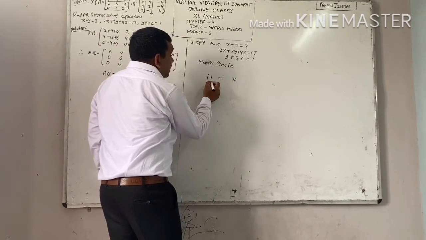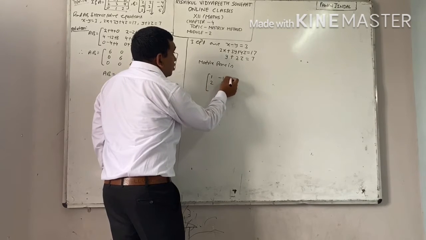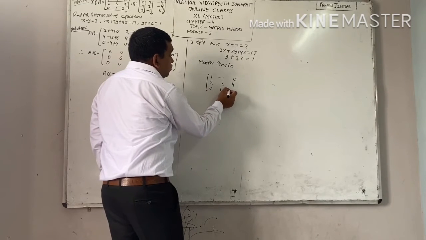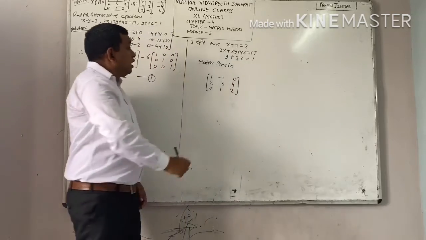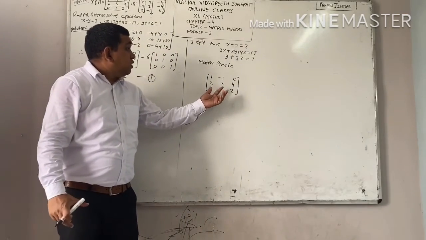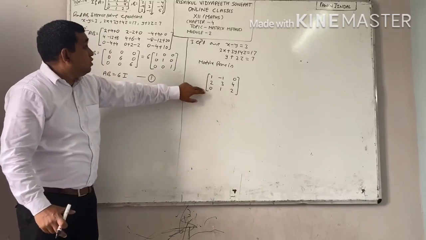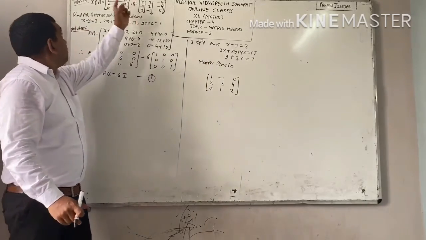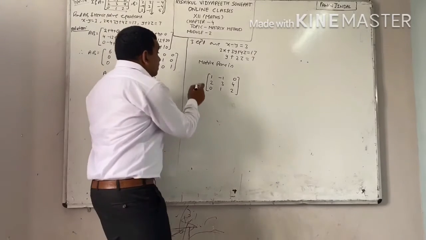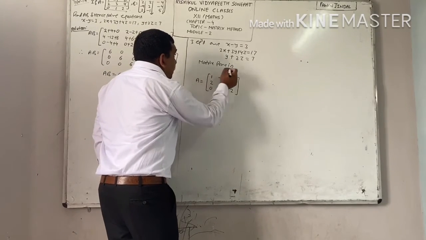Here coefficient of x, y, z are 2, 3, 4. Here coefficient are 0, 1, 2 in third equation. Now see, this coefficient matrix is equal to A. That's why I will give it name A.